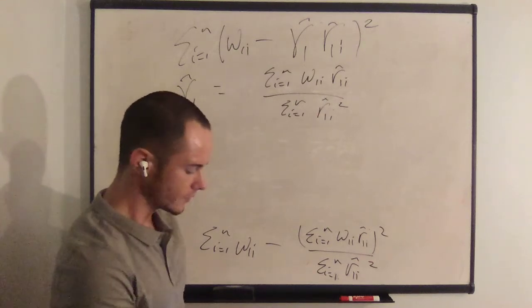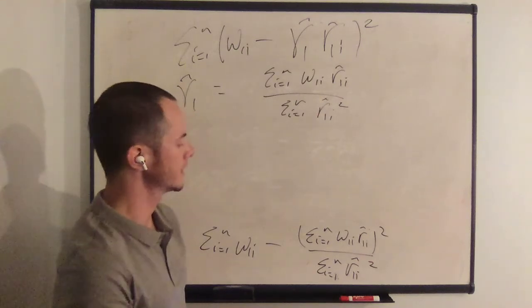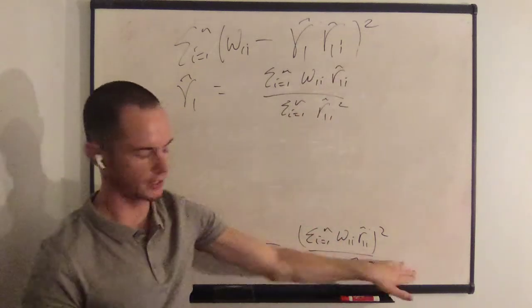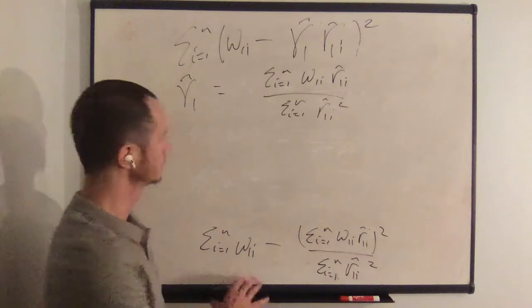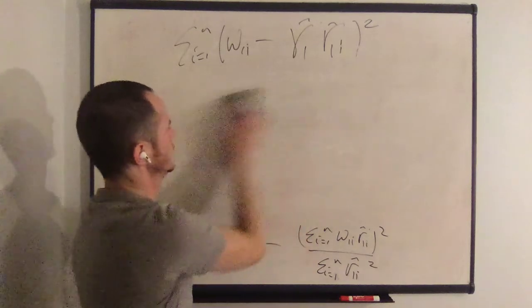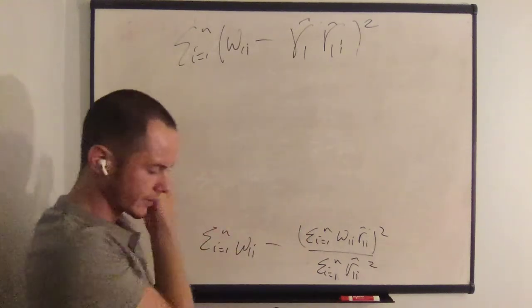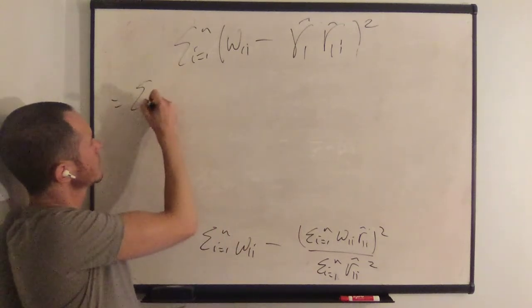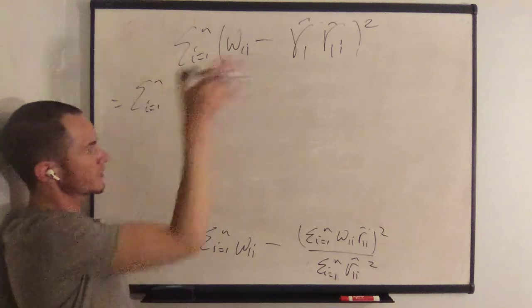So let's show that this line gives you this line. I want to get from here to here. How did we do that? This is going to get kind of big. So this is equal to the sum from i equals 1 to n, and we're going to factor this out.